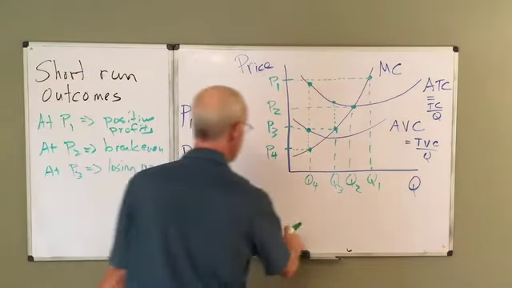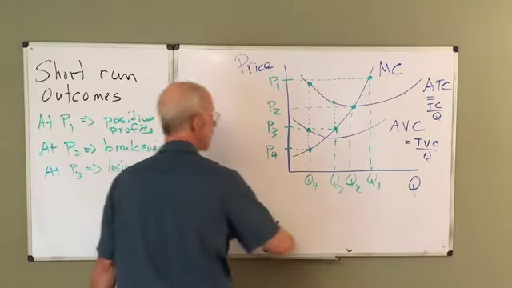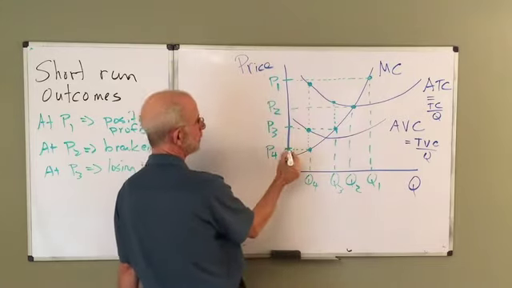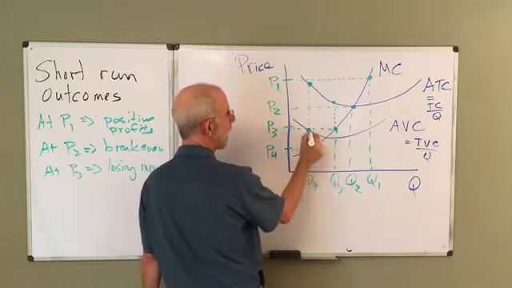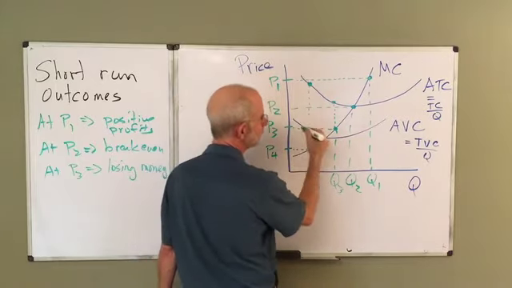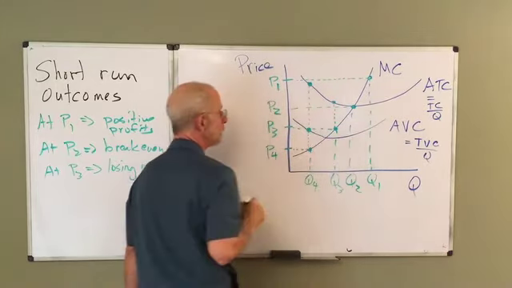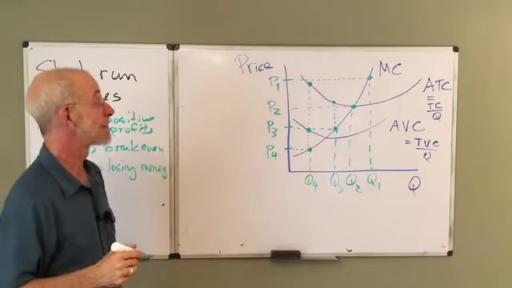Now let's see what that means. At P4 you produce Q4, that's your price. Your average variable cost, given by that curve, is there.